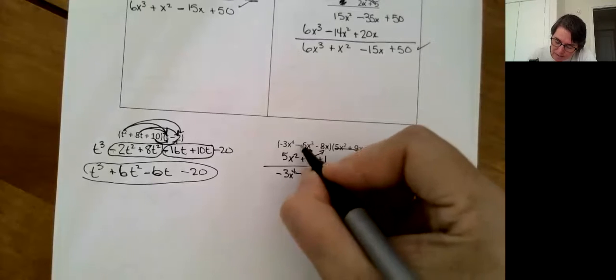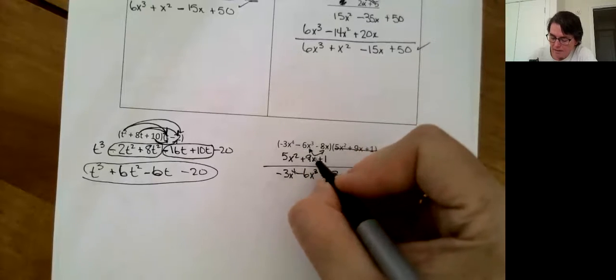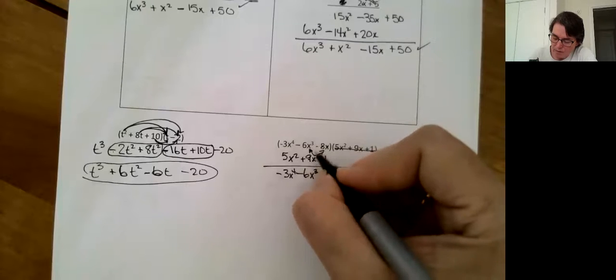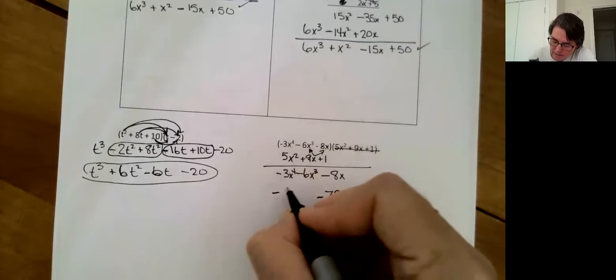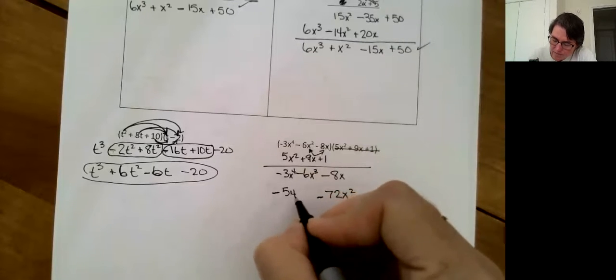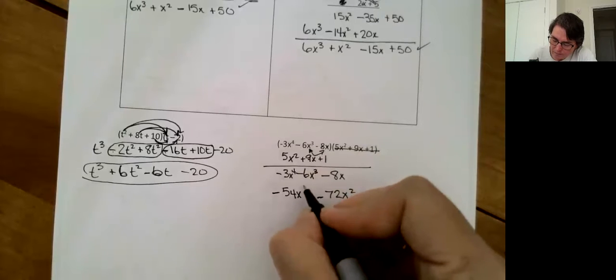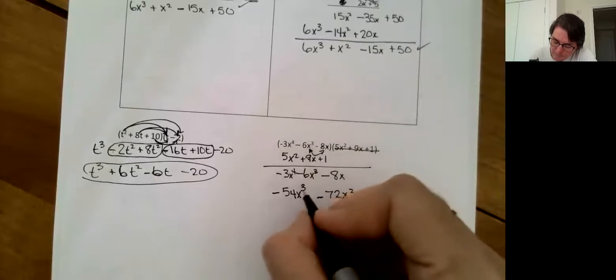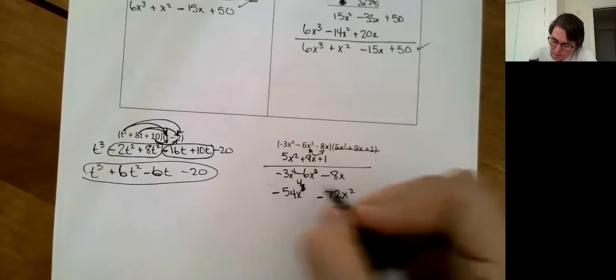And there we go, 9x times minus 6x cubed is going to be minus 54x to the fourth.